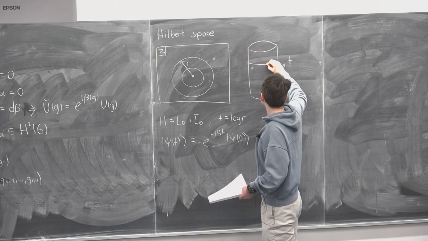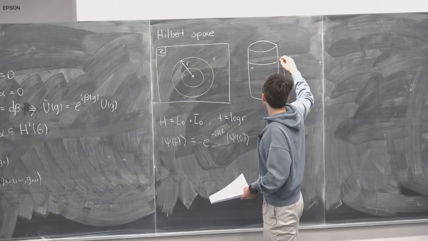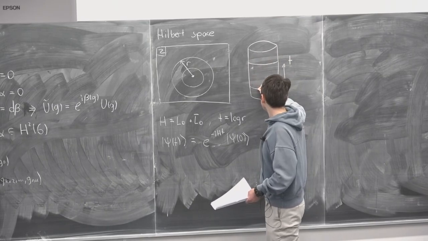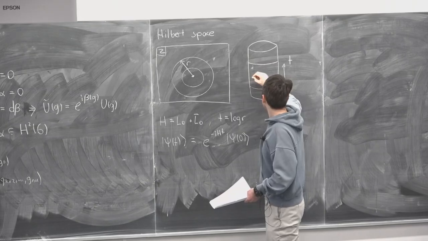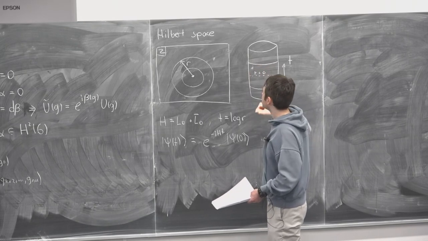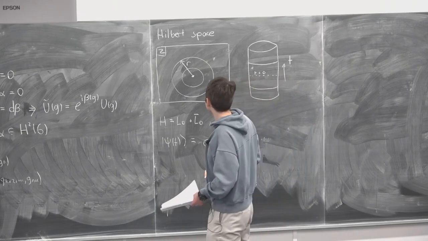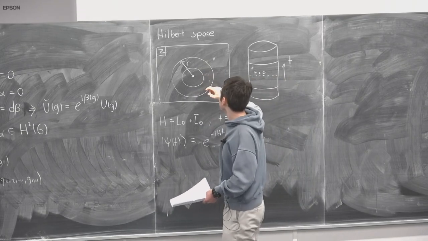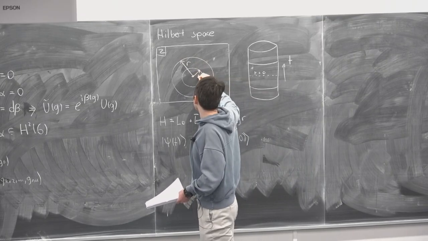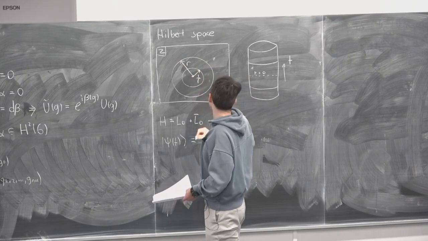So we can think of there being some in state at time t and some out state at time minus t. And what that maps to on the plane is going to be an in state at radius r and an out state at radius 1 over r.